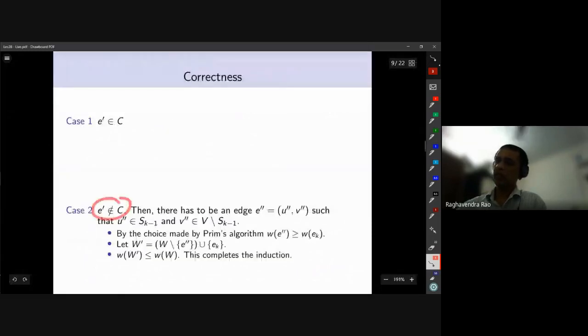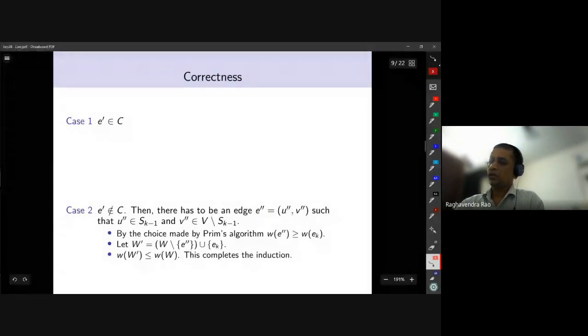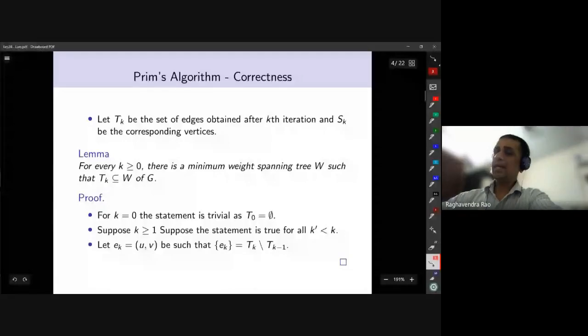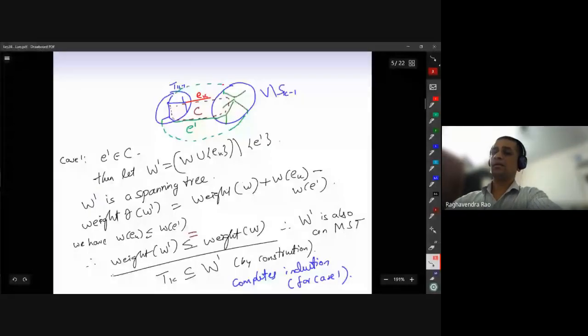So even when E prime is not in C, there has to be an edge, let's call it E double prime, such that U double prime is in SK minus 1 and V double prime is in the complement of it, V minus SK minus 1. Because of the connectivity property, remember that EK is connecting TK minus 1 and V minus SK minus 1.